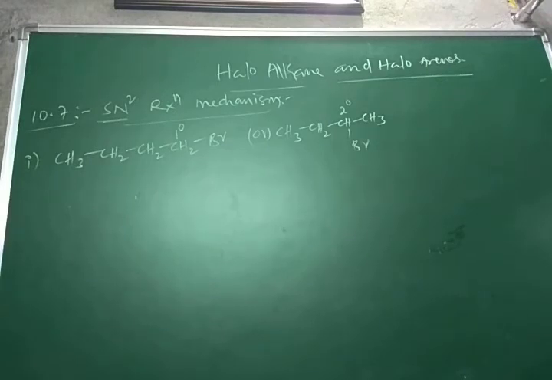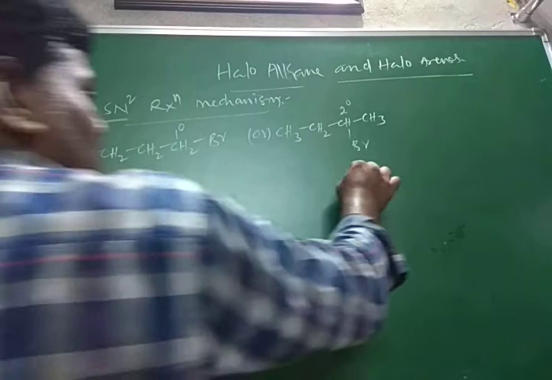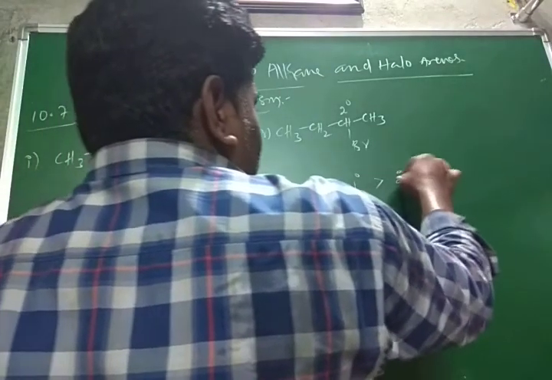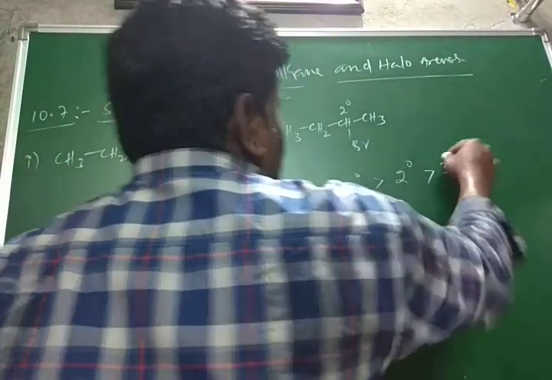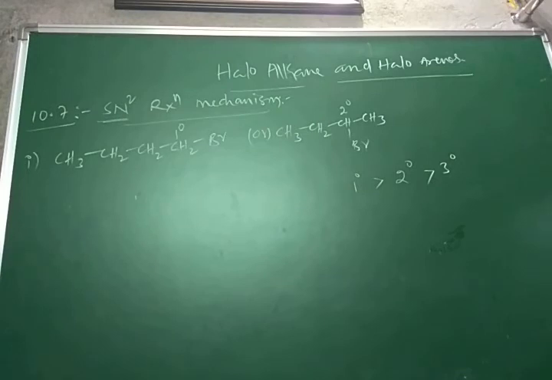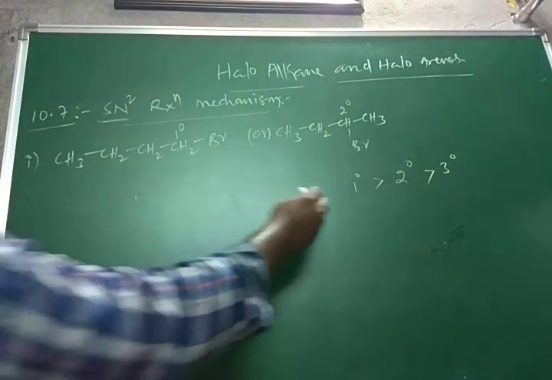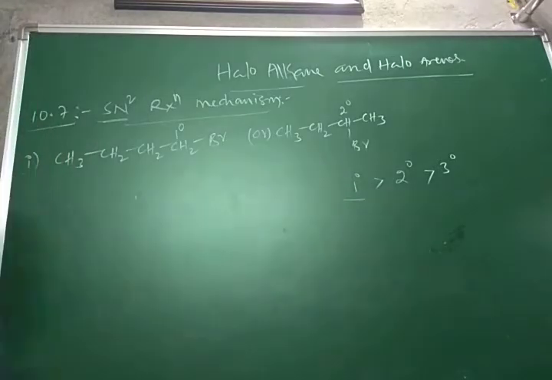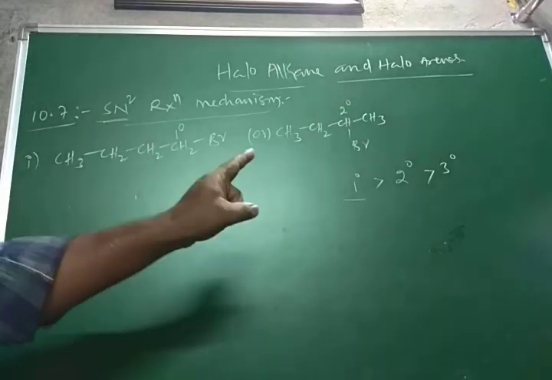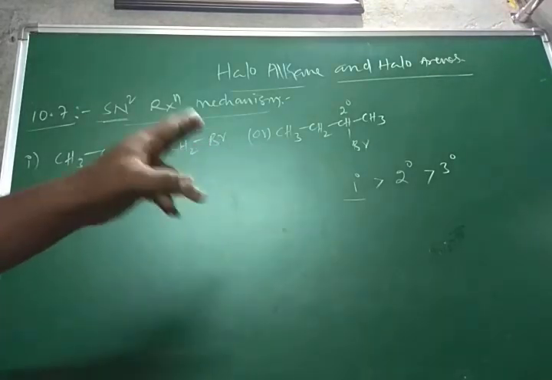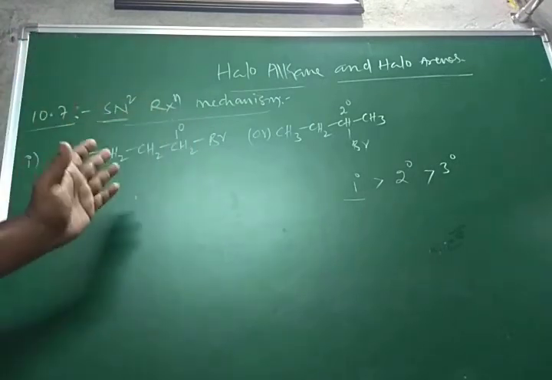The SN2 order is primary is greater than secondary is greater than tertiary. Then maximum primary haloalkanes show the SN2 reaction mechanism and tertiary show SN1. After formation of carbocation, the tertiary carbocation is more stable, that's why it follows the SN1 reaction mechanism.